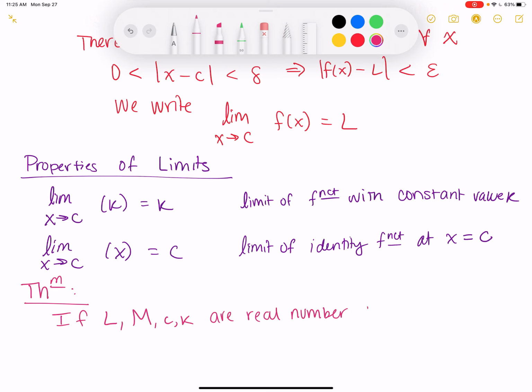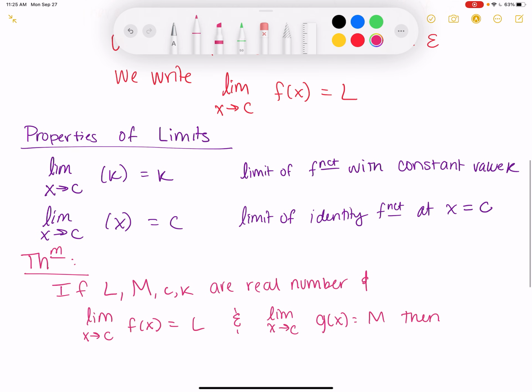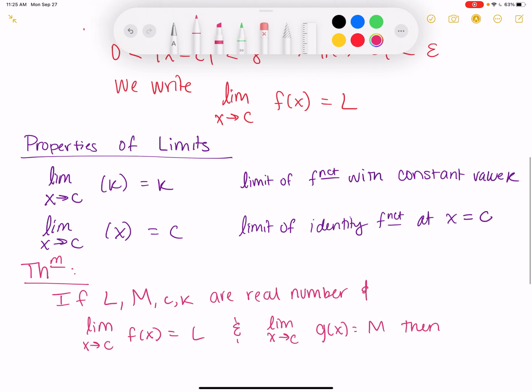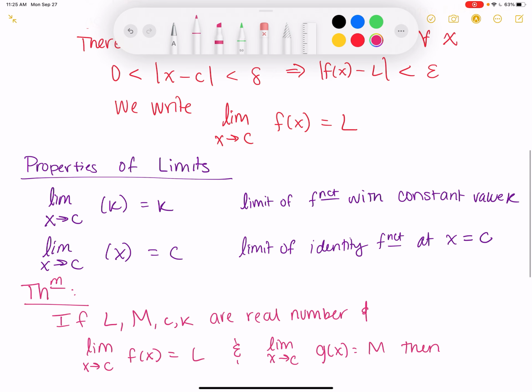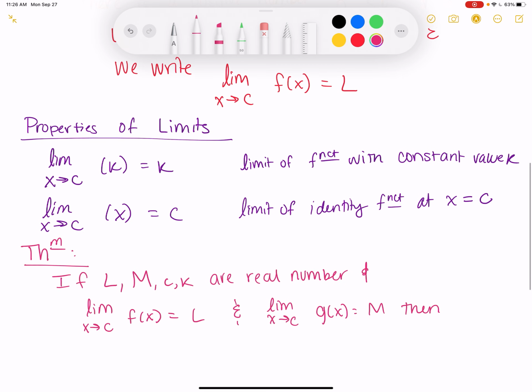If they're real numbers, and the limit as x approaches c of f of x is equal to L, and the limit as x approaches c of g of x is equal to m, then we have the first one, the sum rule.